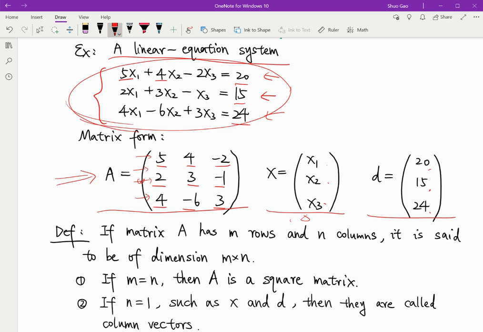But if we transfer the system into a matrix form, it will be much easier for us to solve for x1, x2, and x3. But if you really want to solve the whole system, you need to know the matrix operations, right? So later on, we'll talk about how to actually do calculations using matrices.